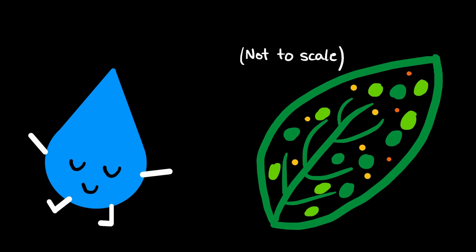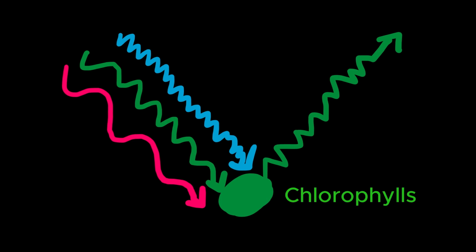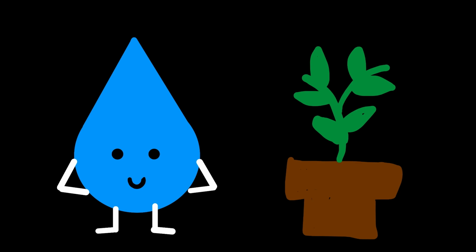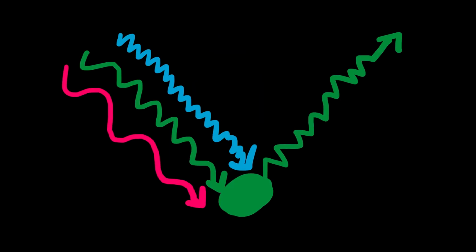Some absorb red, some absorb blue. The main pigments are chlorophylls, which absorb red and blue light. That's why they appear green. Wait, let me process that. Yeah, the colors you see are the ones that were reflected, meaning they were not absorbed.